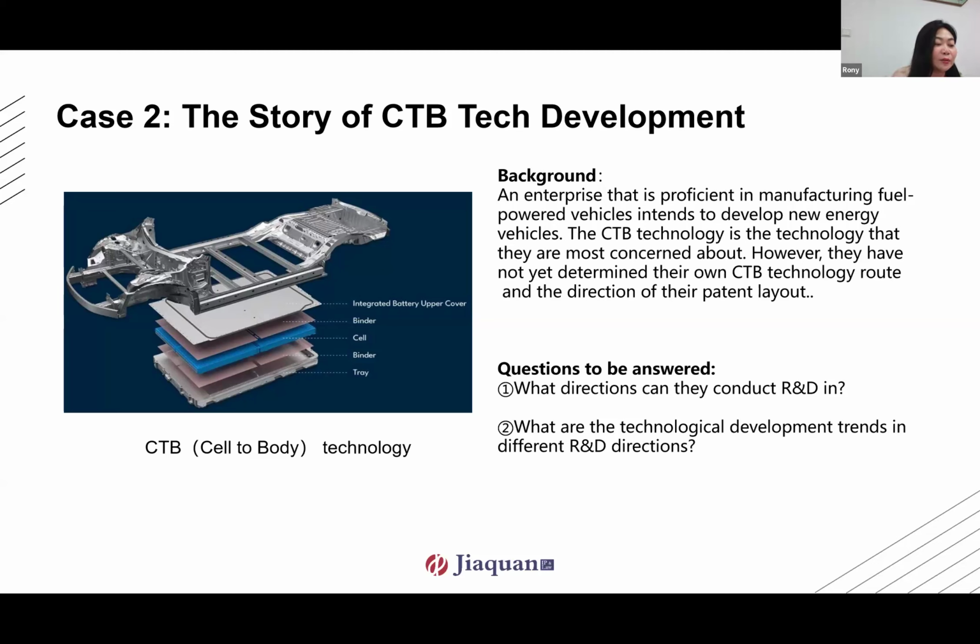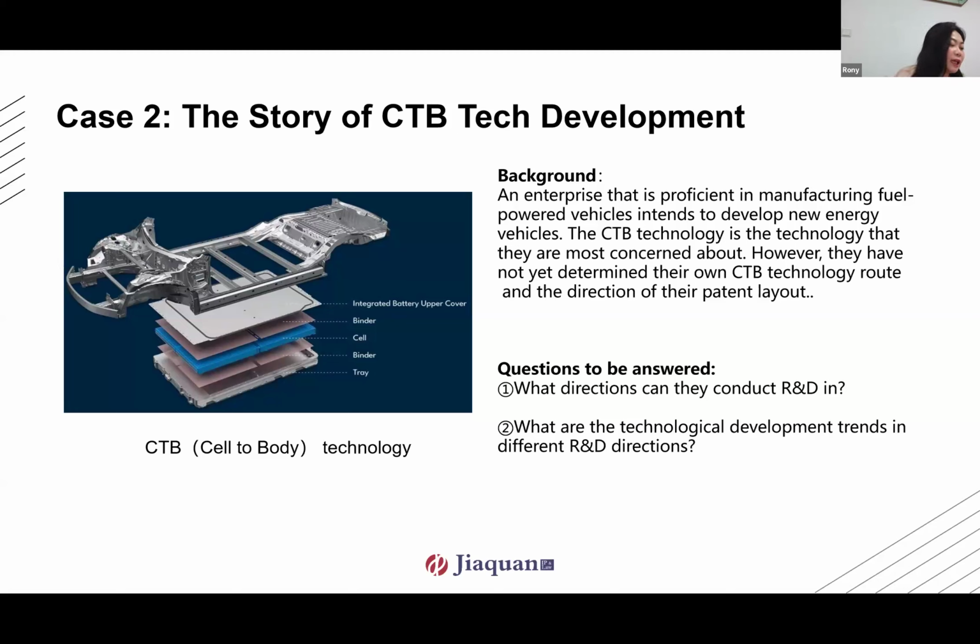Therefore, they hope that we can help them analyze what kind of technical route they should take to develop the C2B technology so as to achieve results more quickly and try to distinguish their technical route from that of other relatively mature new energy vehicle manufacturers in the industry as much as possible.